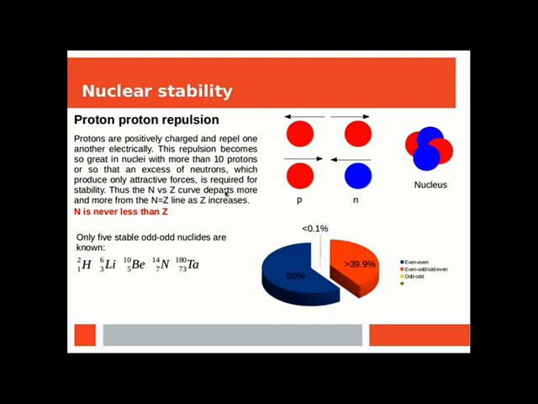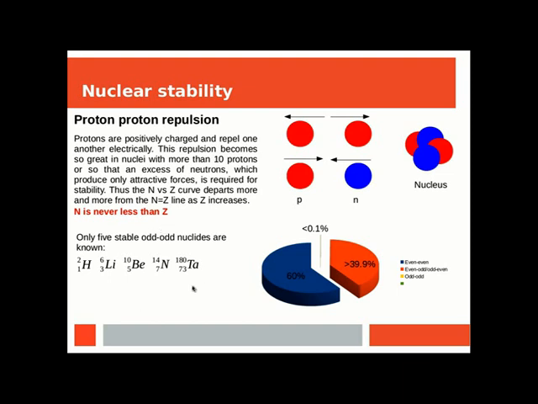Number of neutrons can be equal to number of protons in light nuclei, and number of neutrons needs to be greater than the number of protons in heavier nuclei for better stability. But it is never ever seen that number of neutrons is less than number of protons. So this is very important.